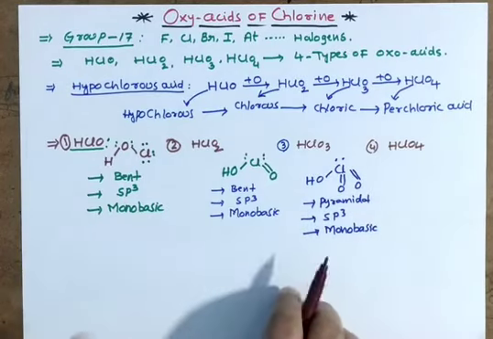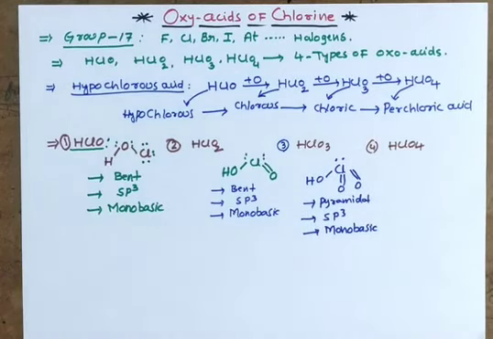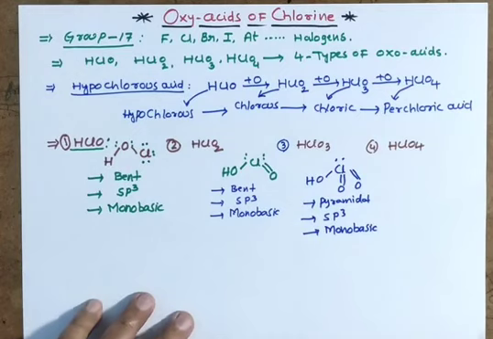The last one we have is HClO4, perchloric acid. I am drawing the structure. Chlorine is the central atom.